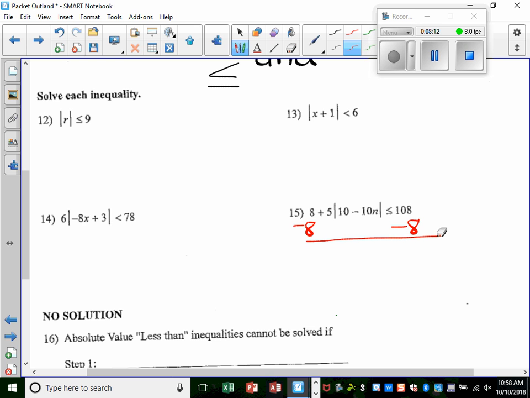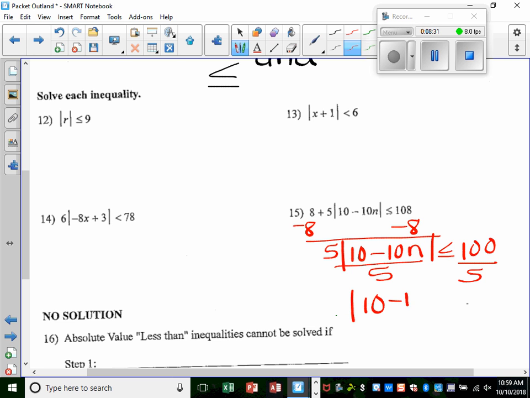You cannot do that. So I'm going to have 5 times the absolute value of 10 minus 10n is less than or equal to 100. Okay, then I'm going to divide both sides by 5. So I'm going to have the absolute value of 10 minus 10n is less than or equal to 20.